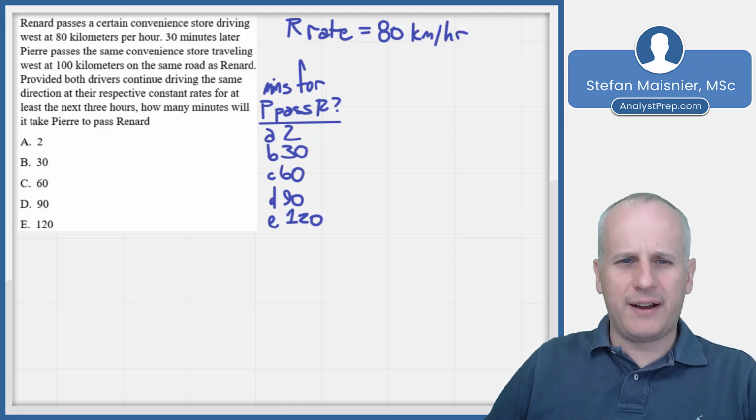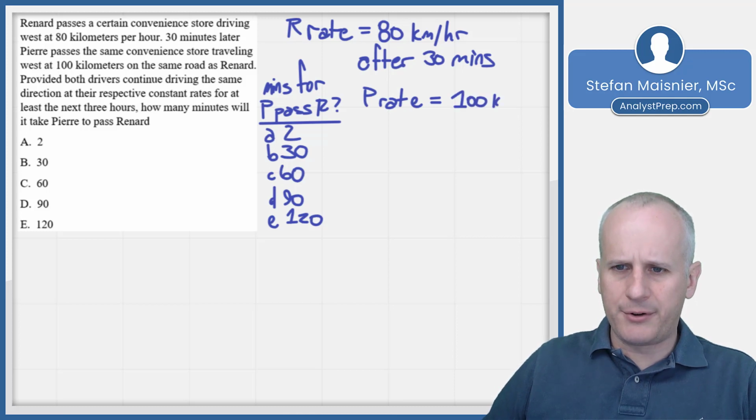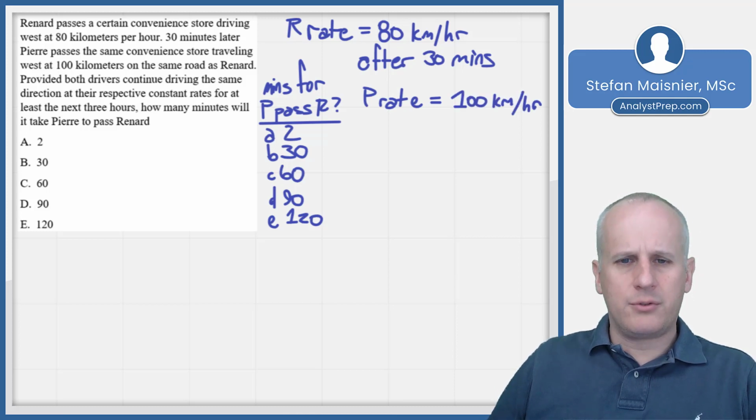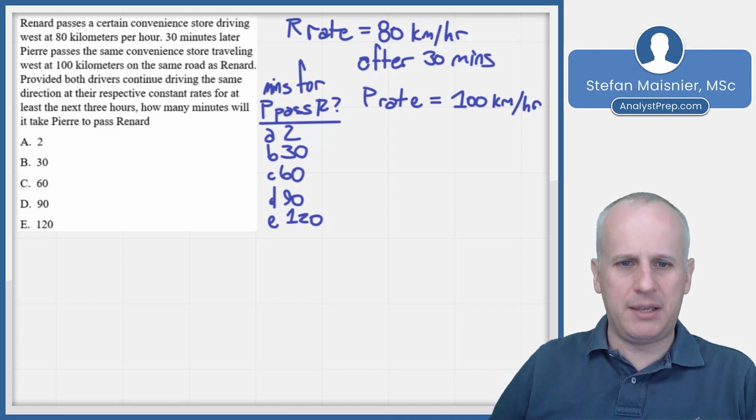And then we find that 30 minutes later, so after 30 minutes, he passes at a rate equal to 100 kilometers per hour, driving the same direction, traveling west, and on the same road. Provided both drivers continue driving the same direction at their respective constant rates for at least the next 3 hours, how many minutes will it take P to pass R?